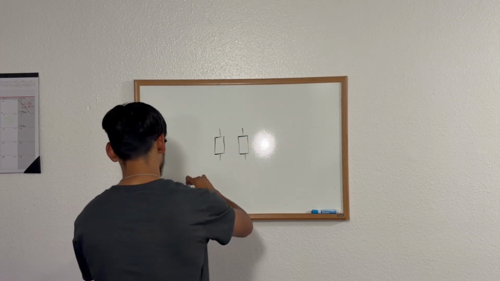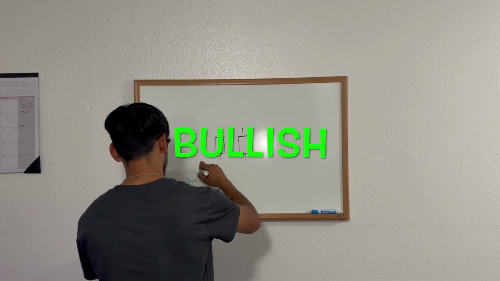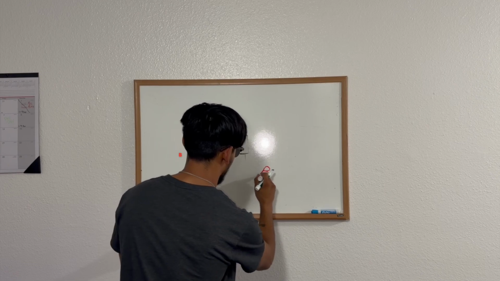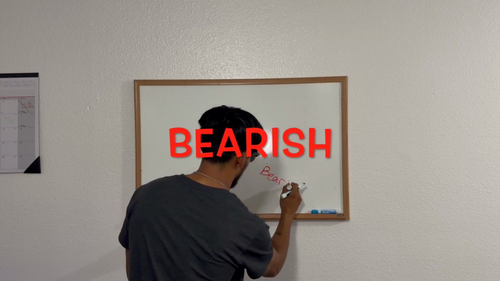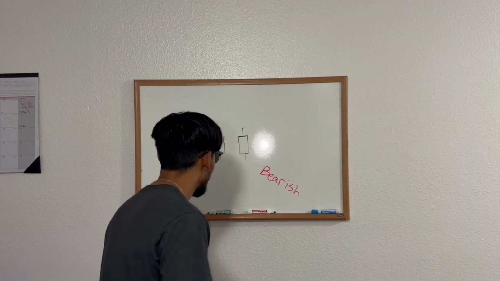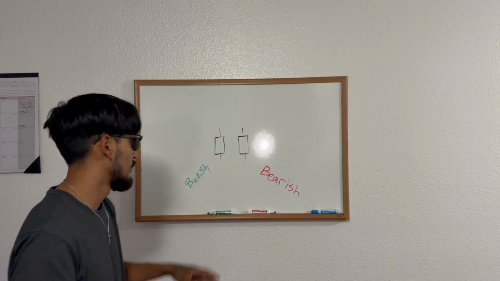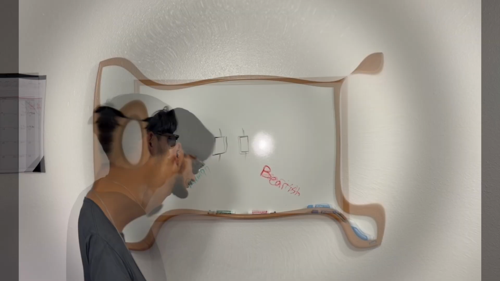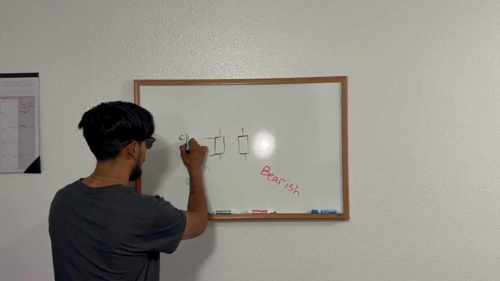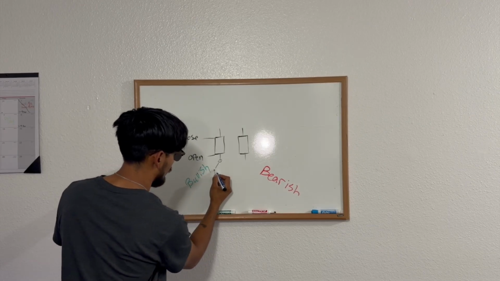There are bullish and there are bearish. So what's the difference between the two? In this candle, price opens at the bottom and then it closes at the top. It makes a low and it makes a high.